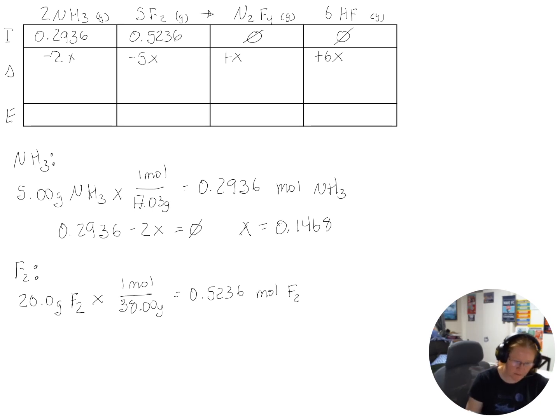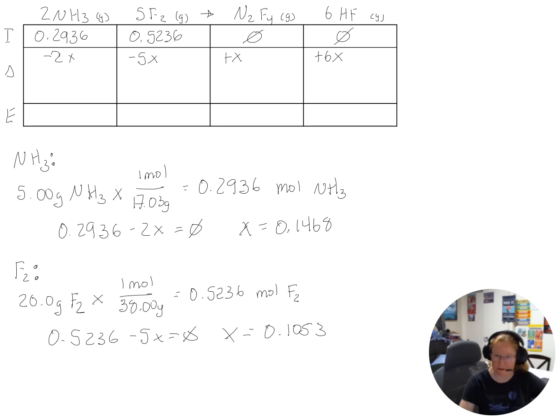All right, for fluorine, we get 0.5236 minus 5x would equal 0. So x equals 0.1053. All right, which one's smaller? Fluorine. So this is our x. And now we fill it in.